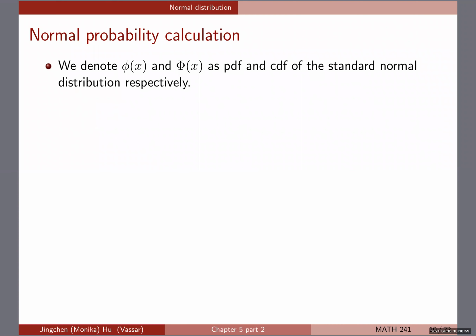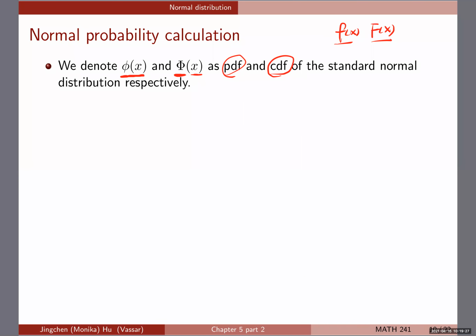Lastly, we do use the notation phi. Small phi of x is the PDF of a normal, and capital phi of x is the CDF. Remember we used f(x) and F(x) before, which is generic for any continuous random variable, the PDF and then the CDF.